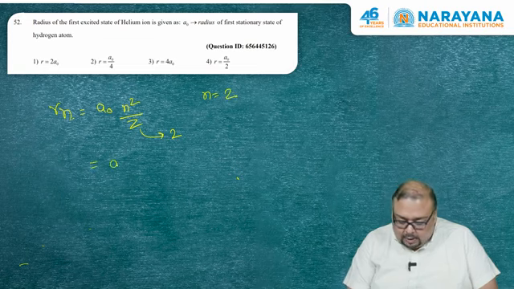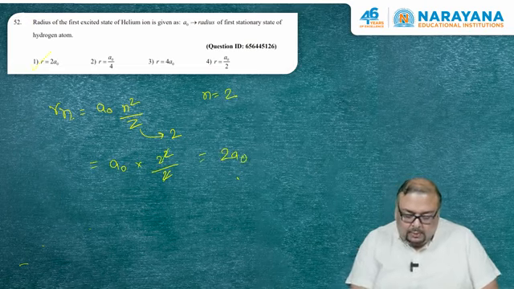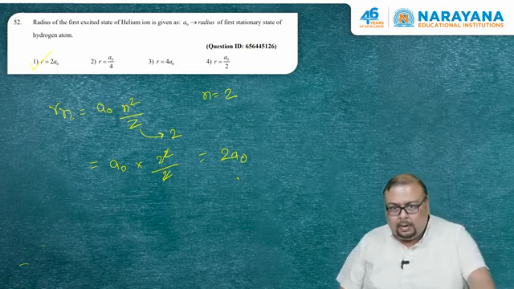So it will be A naught into 2 square by 2, which equals 2 A naught. So the answer will be option 1. This is a question of atomic structure and pretty much formula based.